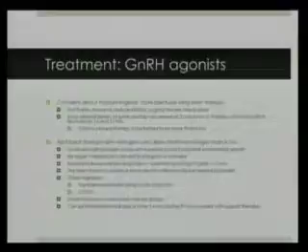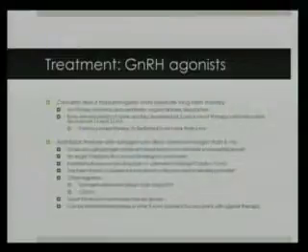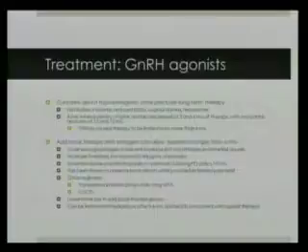You can use norethindrone 5 milligrams a day plus oral Premarin 0.625 daily for 12 months in these patients with the GnRH agonist, and that's one regimen that may work for us. And this has been shown to preserve bone density and provide an extended amount of pain relief beyond that 6-month window that we're treating them.